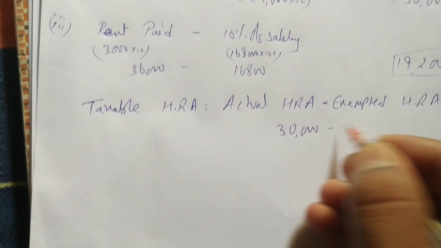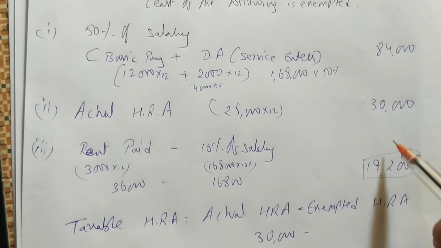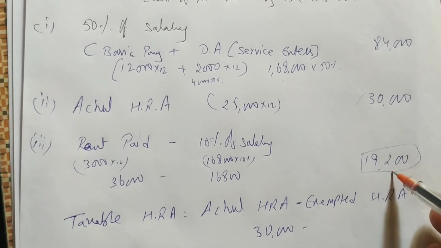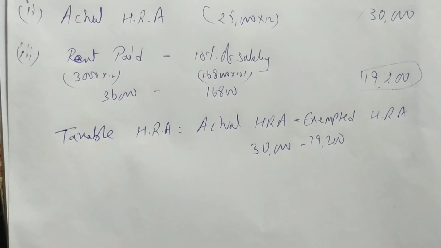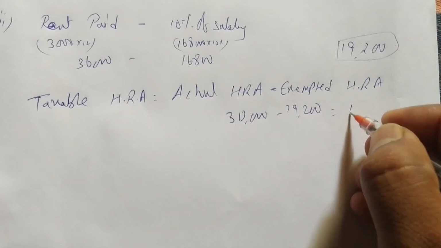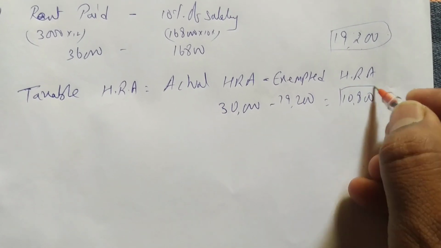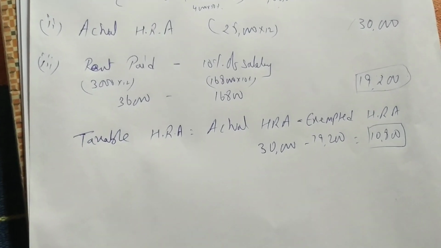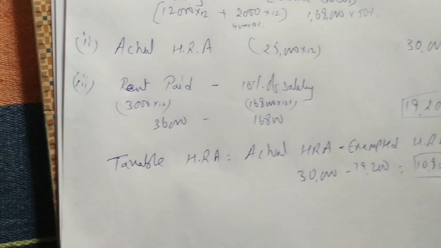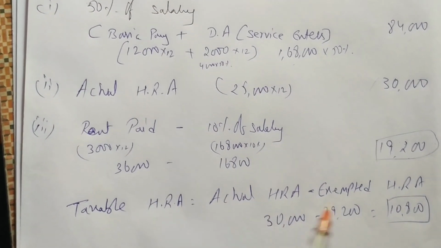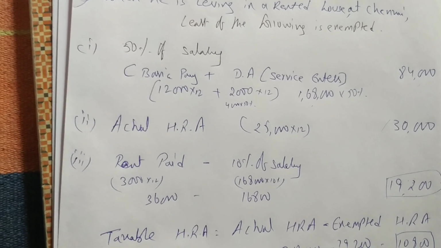Actual HRA 30,000 minus exempt. Exempt is whichever is least, 19,200. 30,000 minus 19,200, so taxable is how much? 10,800. This is taxable HRA. So for the time being, you just concentrate on how to find out taxable HRA. That's it. It's very easy.